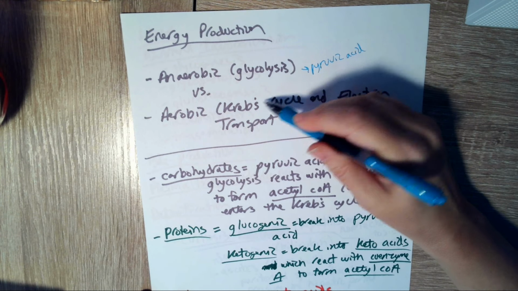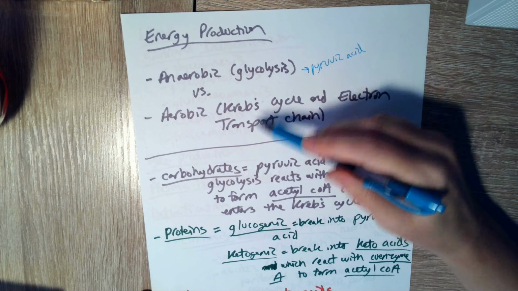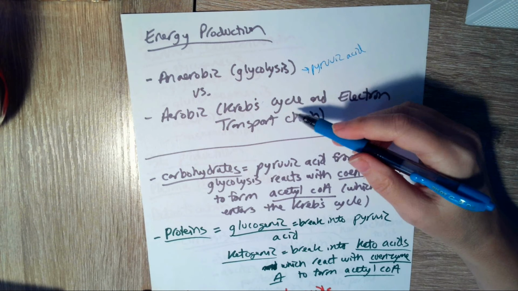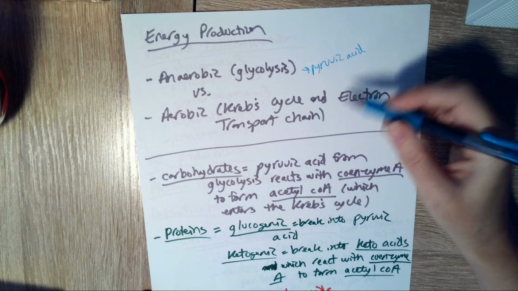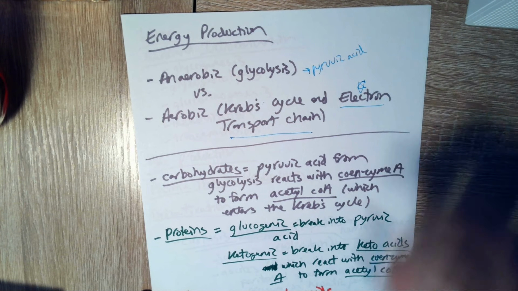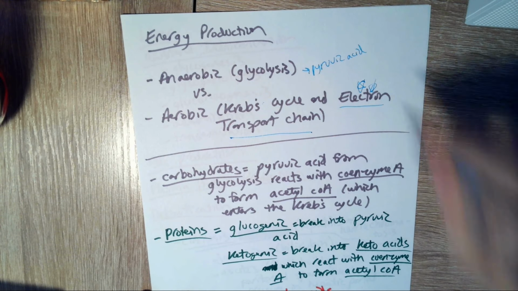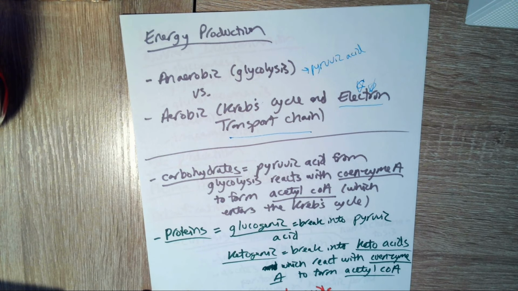So a product from pyruvic acid goes into the Krebs cycle, and we start rearranging carbons and things like that, and we end up giving off some ATP, and we end up with molecules that can go into the electron transport chain, and that's where we get the bulk of our ATP. We get lots and lots of ATP from the electron transport chain.